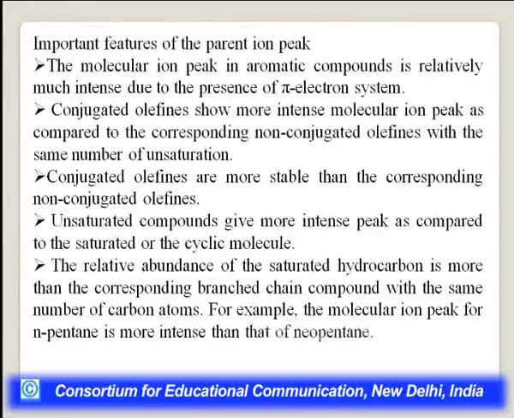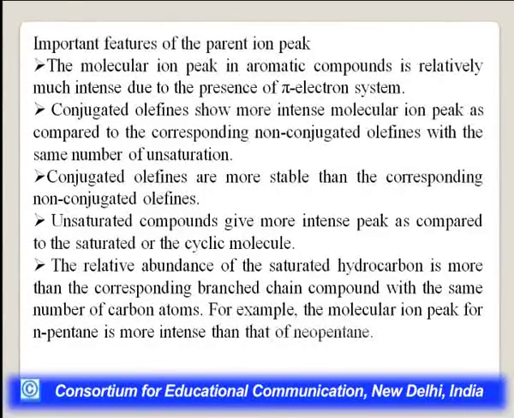No doubt unsaturation will be there, but conjugation will not be there. Conjugated olefins are more stable than the corresponding non-conjugated olefins. Unsaturated compounds give a more intense peak as compared to saturated or cyclic molecules.